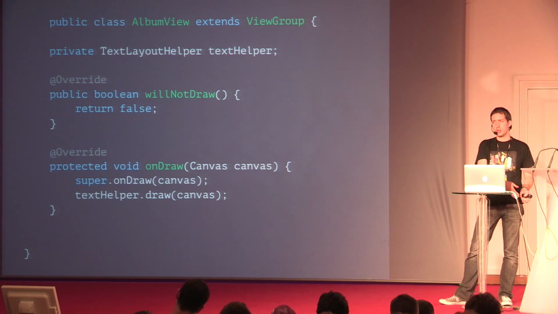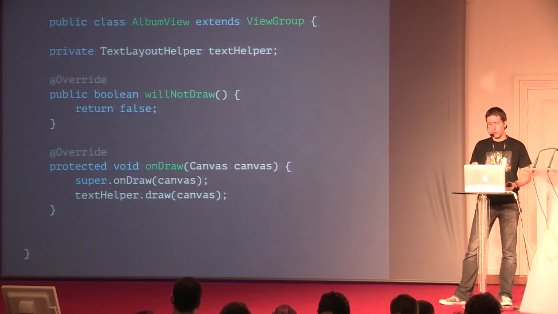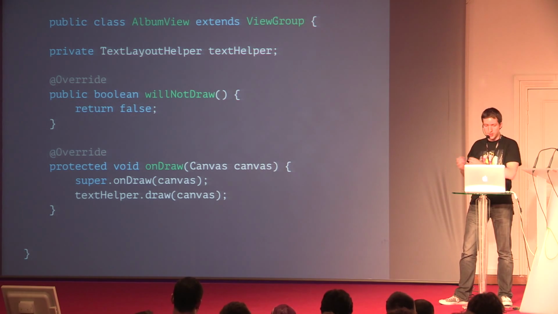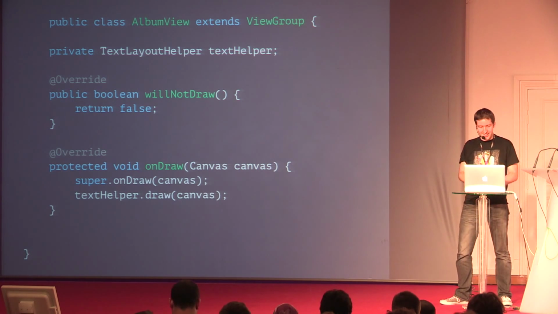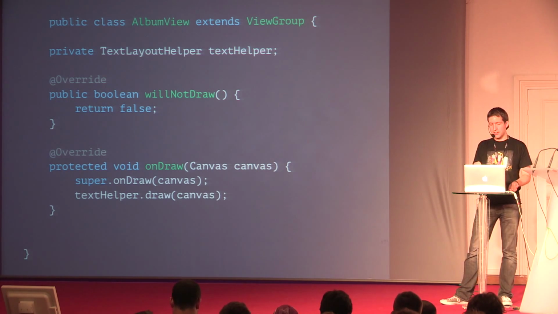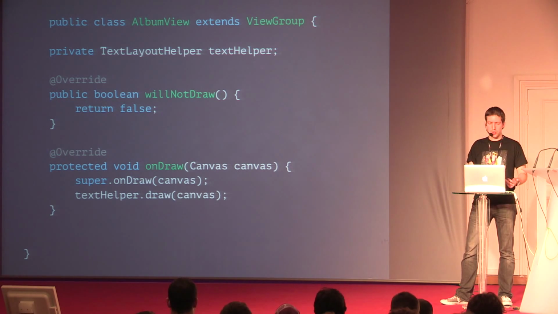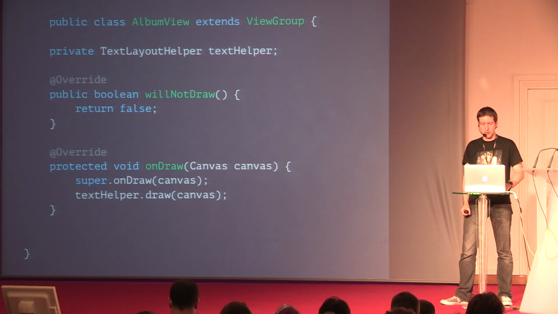By default, a view group declares that it will not draw, so you need to declare to the platform that you will draw by overriding willNotDraw and returning false. Extremely logical. And next, in the onDraw method of the view group, you are going to get called. You would not get a call in this onDraw method without overriding willNotDraw.